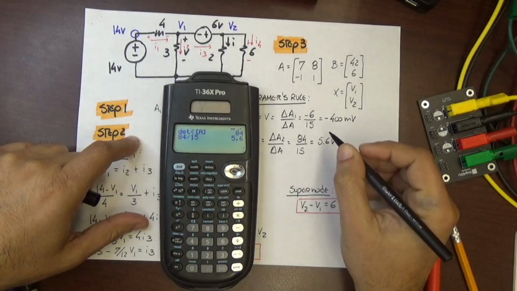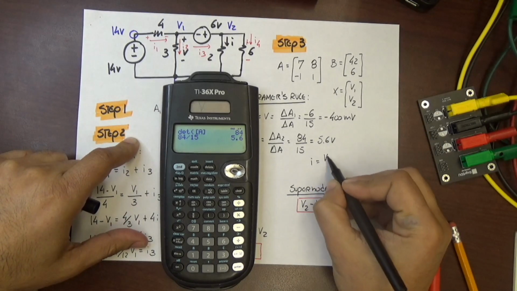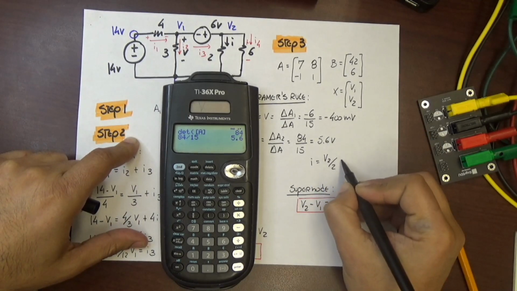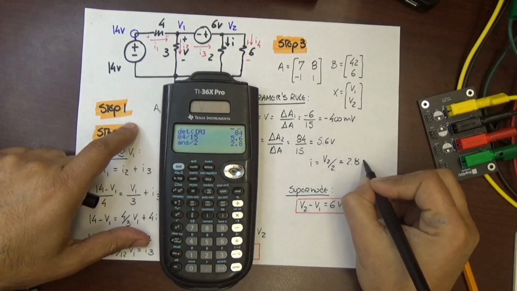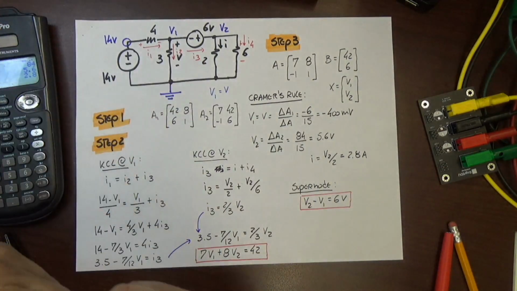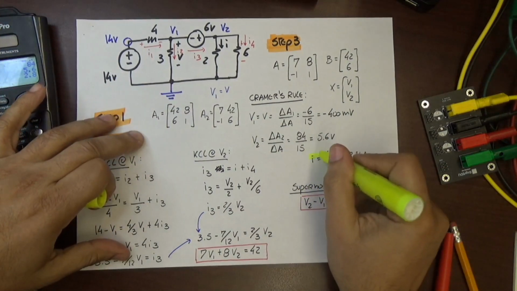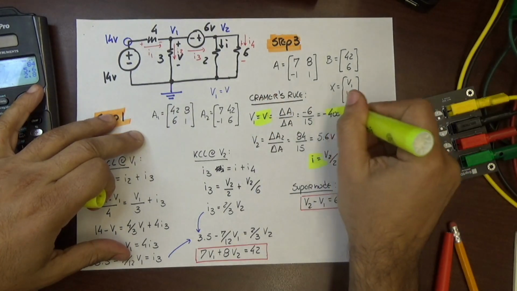All right, so I need to calculate I, and I is going to be V2 over 2, so I'm just dividing 5.6 by 2, and you get your 2.8 amps. I'm going to highlight the answer, and notice that this is exactly the same answer if you apply the matrix inversion.